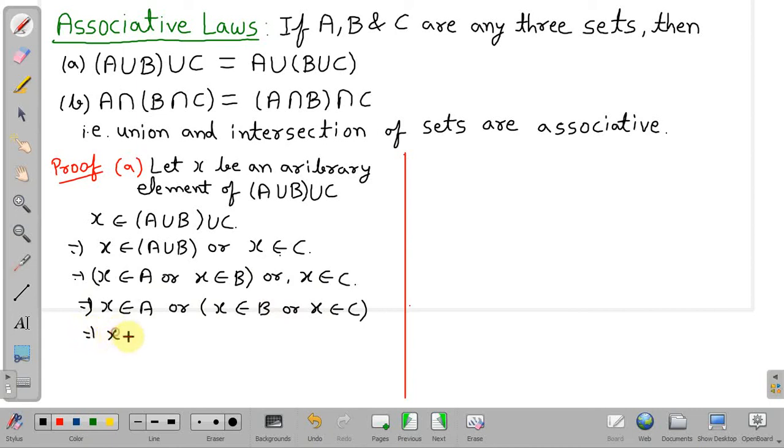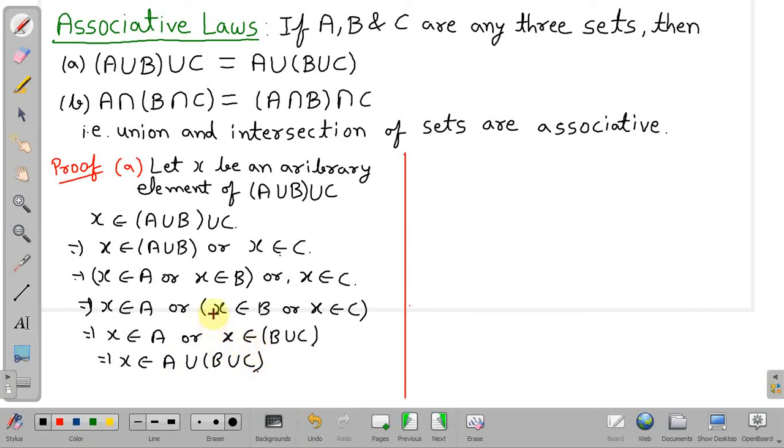So this will be x is an element of set A, or x is an element of B union C, because this or we will convert to union. So x is an element of B union C. Now if this or we write as union, then it will be x is an element of A union (B union C). Okay.